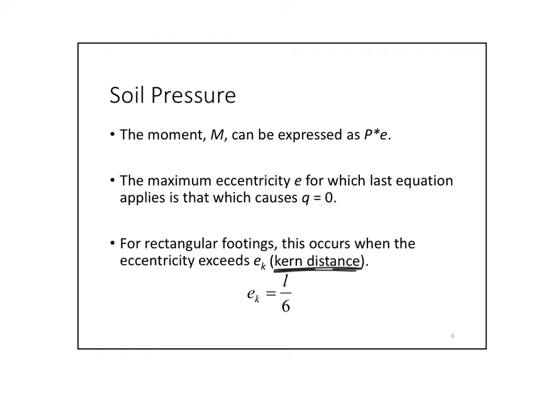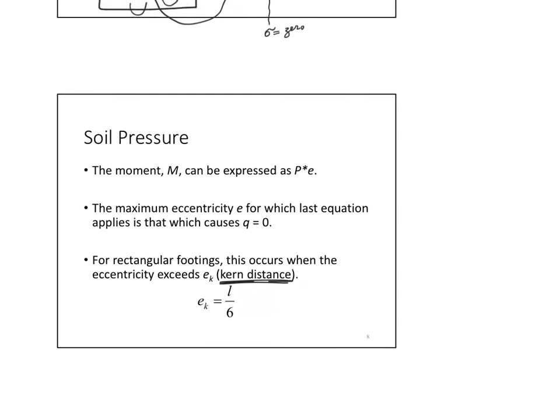He found this distance, and he said that if your P is within the middle third of your footing, if your P is within this area, you will ensure that you are always in contact with the soil. Exactly at the edge of the middle third, you will have a 0 stress on one side and double the average stress on the other side.